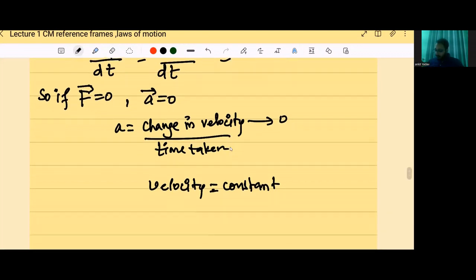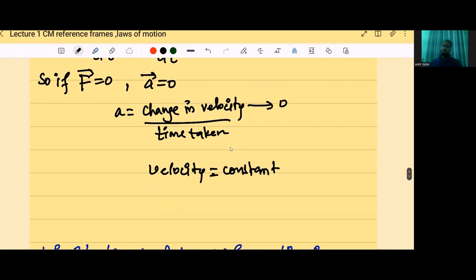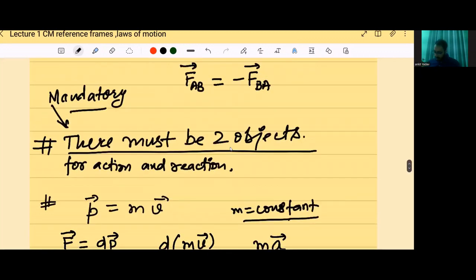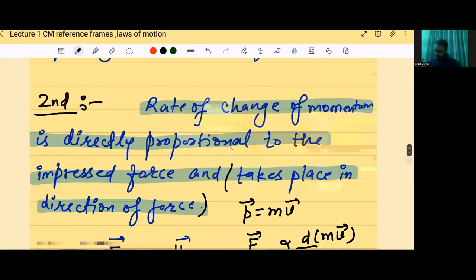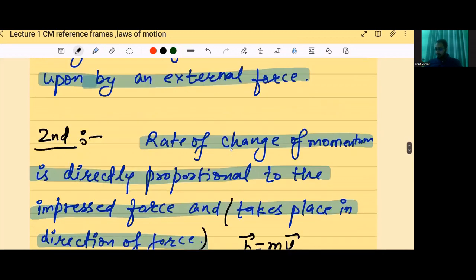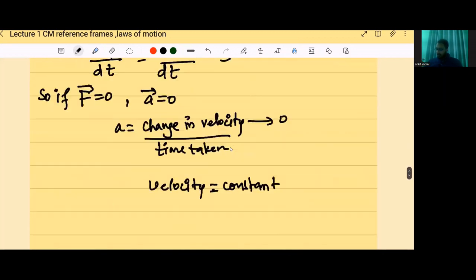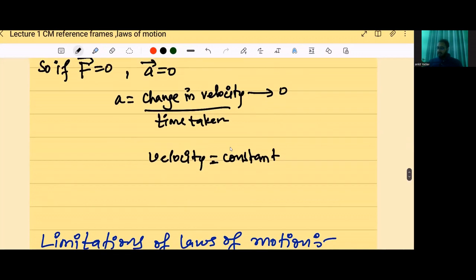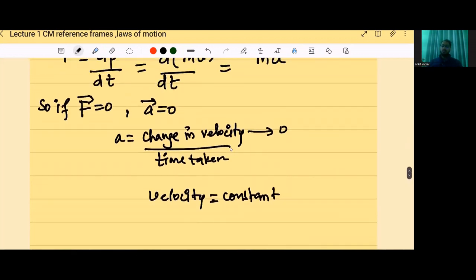So from here we have seen, from the first law, what did we say? Let's come to the first law again. A body must continue in a state of rest or uniform motion along a straight line unless acted upon by an external force. If we make force 0, then there is no change in velocity.